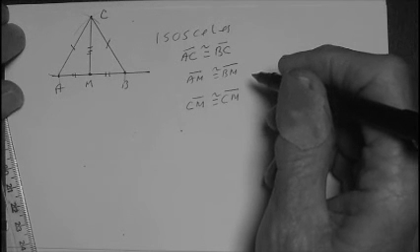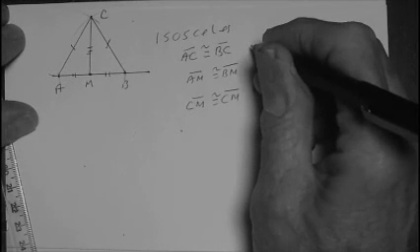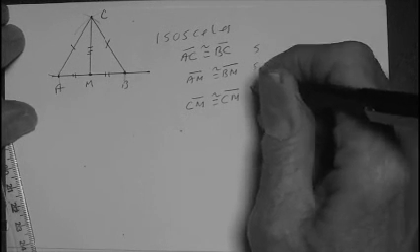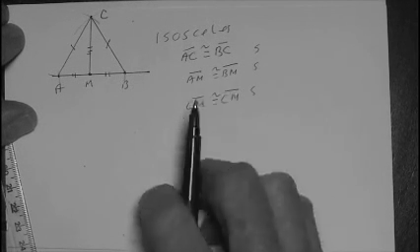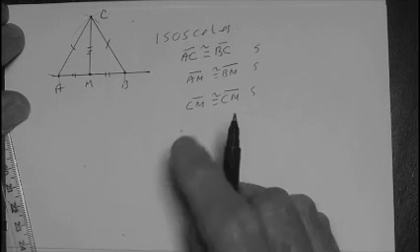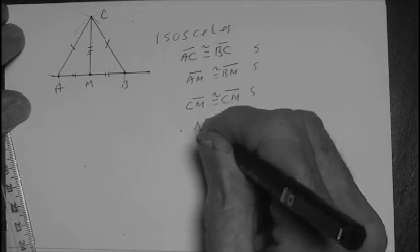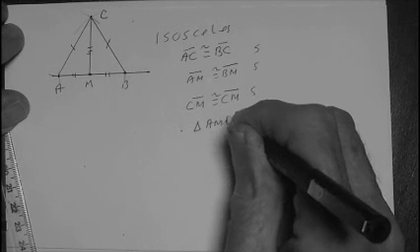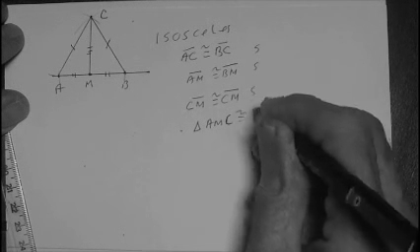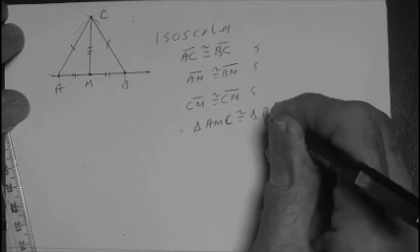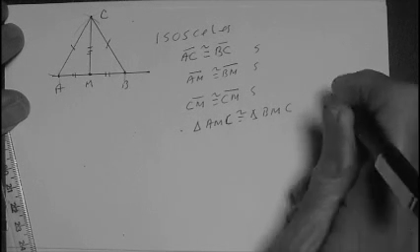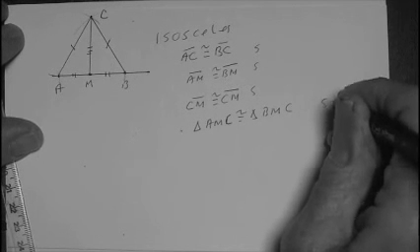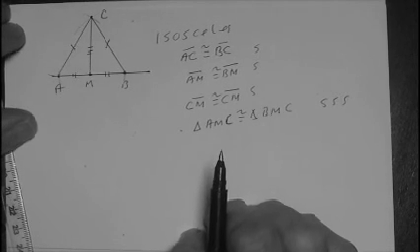And well, what do you suppose I've got here? I have all three sides of one triangle equal to all three sides of the other triangle. So that means that triangle AMC would be congruent to triangle BMC by the side-side-side postulate.